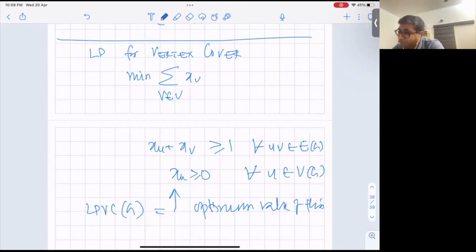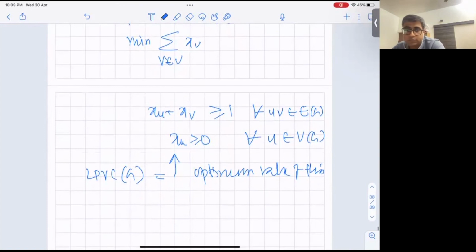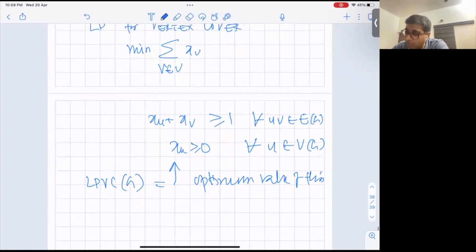Now is that fine? Given a graph G, LPVC is the optimum value of the linear programming relaxation.